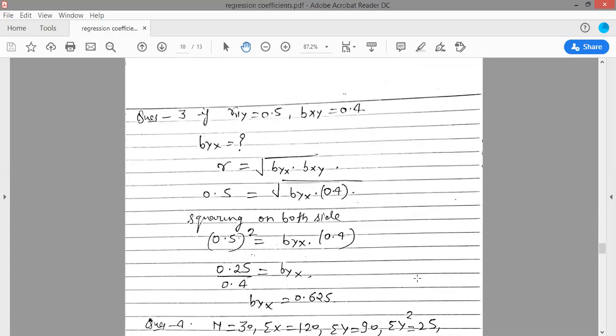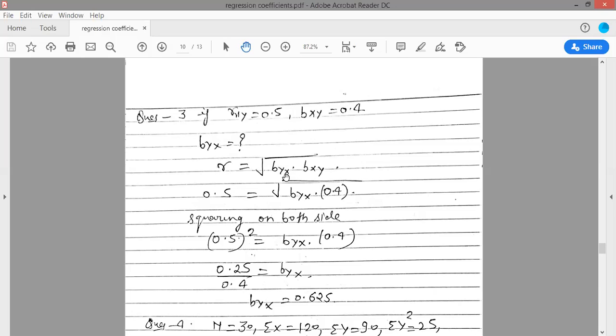Now there is also an example here, and this example is related to our previous formula, right? If rxy is equal to 0.5 and bxy is equal to 0.4, calculate byx. You can calculate byx easily, because you know that r is equal to square root of byx into bxy.